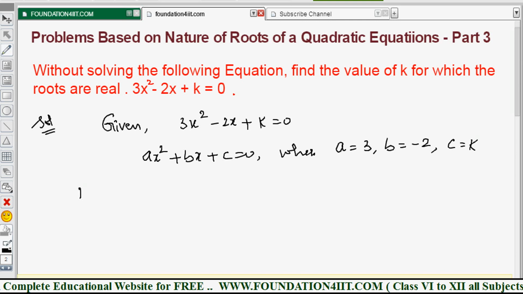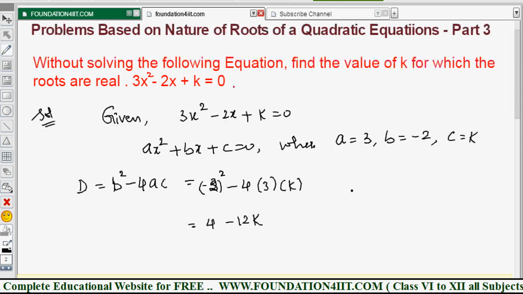So the discriminant D = b² − 4ac. That value, b is −2, so (−2)² − 4ac, a is 3 and c is k. This value is 4 − 12k.